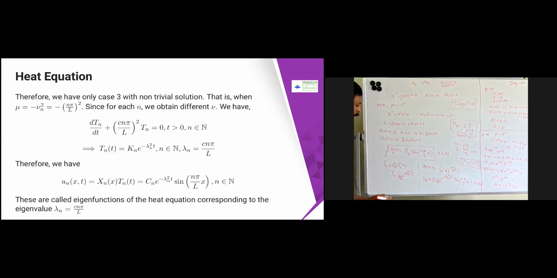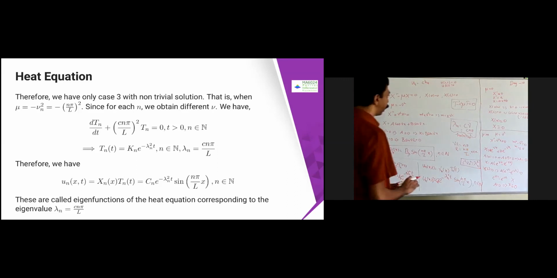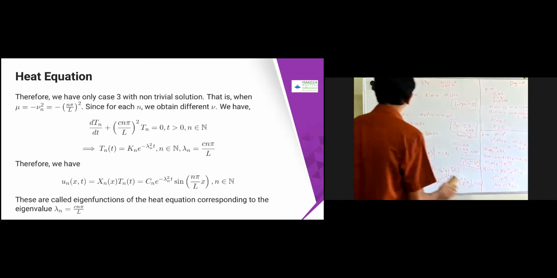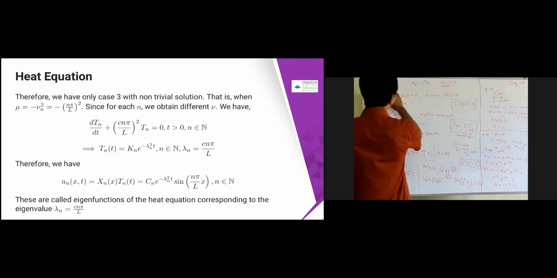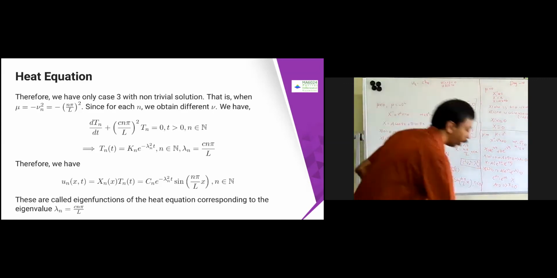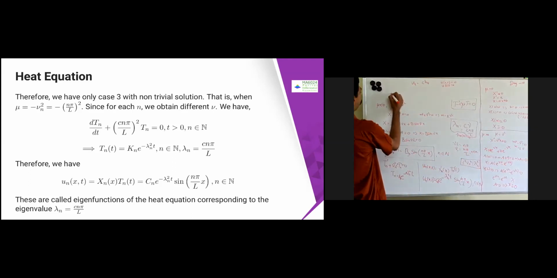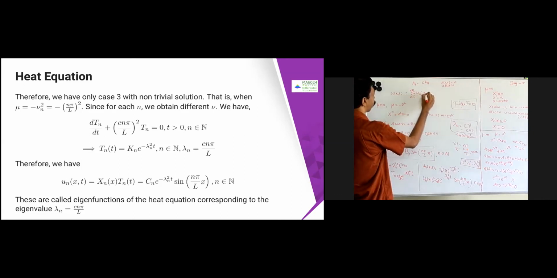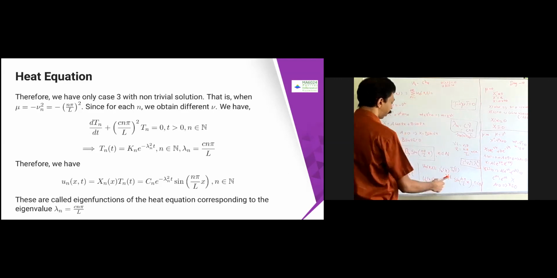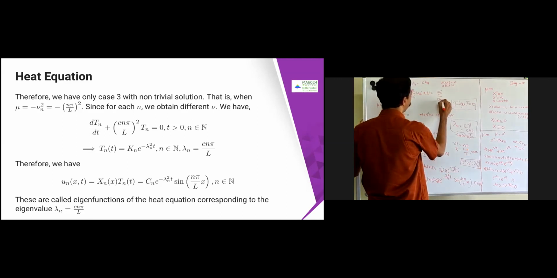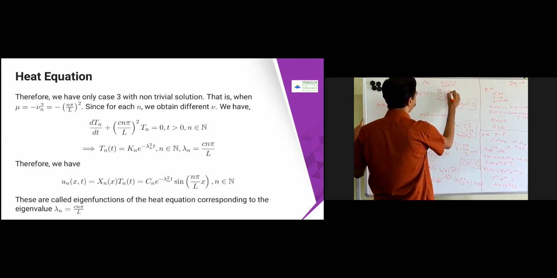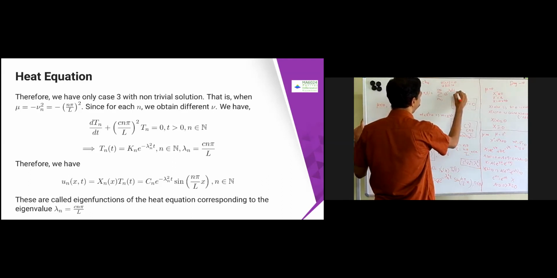So I can write u of x comma t equal to summation n equal to 1 to infinity u n of x comma t, which I can write as summation n equal to 1 to infinity e power minus lambda n square t sine n pi x by l into some constant c.